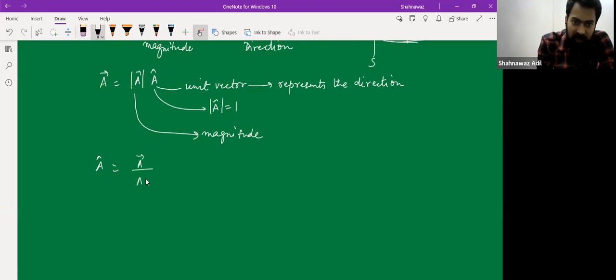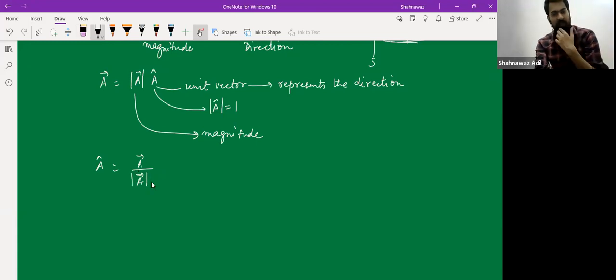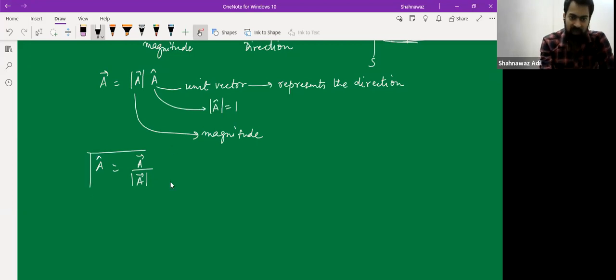We can also say that by normalizing the vector. Understood up to this point? This we have already done.